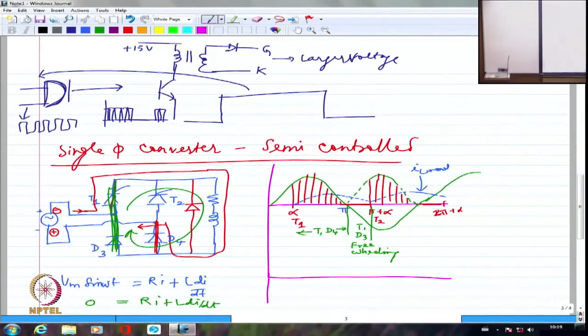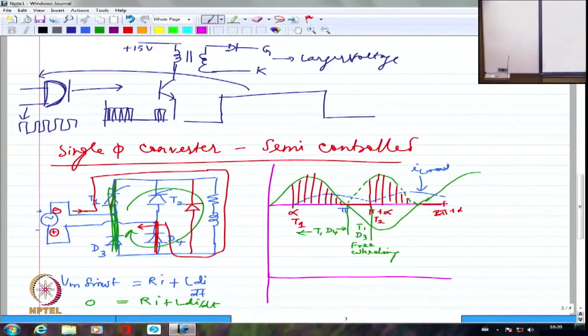After pi, current is not zero, but these two devices are conducting. The load voltage is this entire thing, so this entire thing is short circuited by two devices. That's the reason why I get zero voltage.